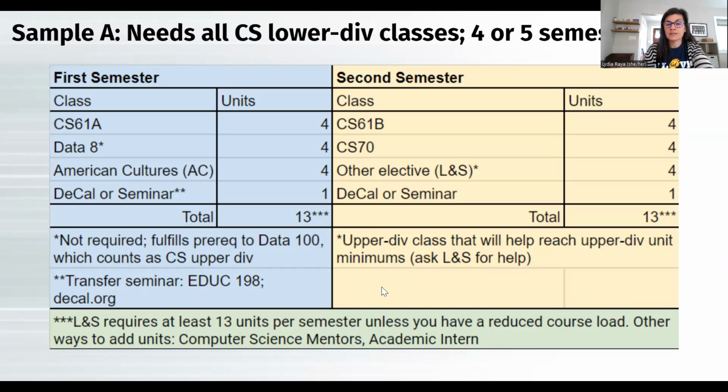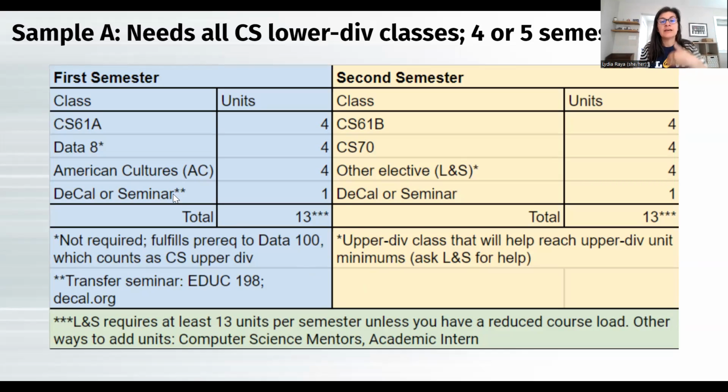So remember, those are classes numbered 100 to 199. And L&S requires 36 of those in order to graduate. Your major is going to cover most of those. Our major will give you 24 upper division units. But that means there's still 12 that you need to take, right? So there are other classes that you need to take, not just your major.